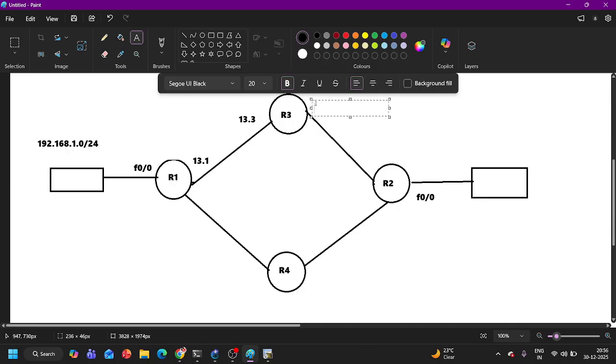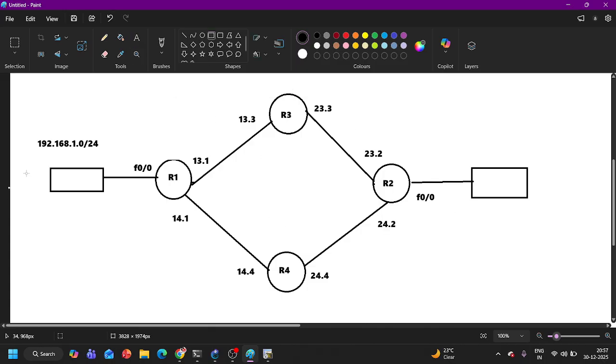Here 23.3 and 23.2, 14.1, 14.4. The subnet between routers doesn't matter, these can be WAN as well. So 24.4 and 24.2. You can use any subnet between the routers. That is not even my concern.